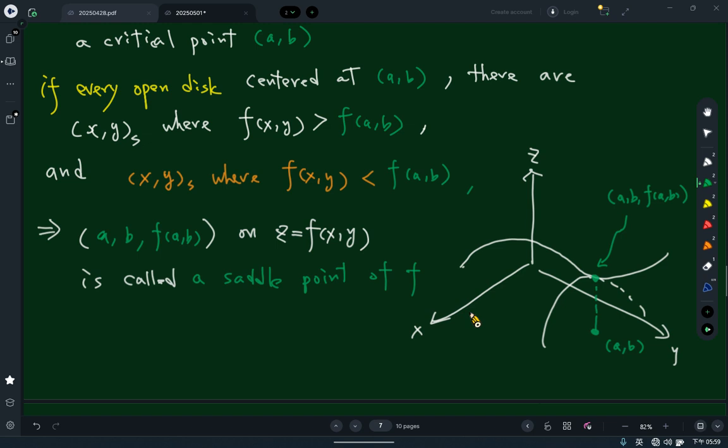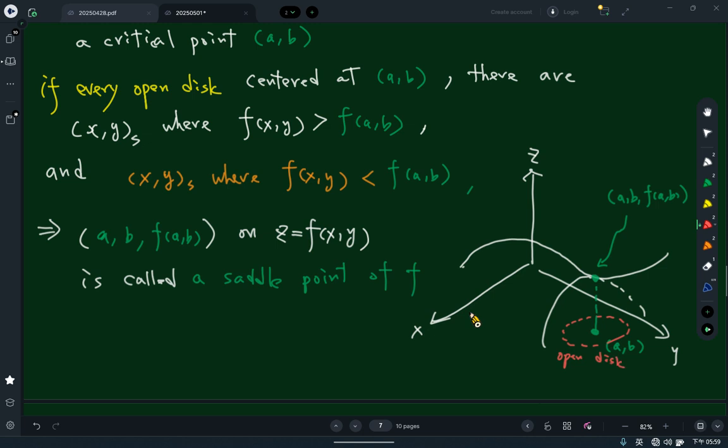This surface is a little bit changed. In this direction, some points are just larger than f of AB. So we just make a disk. This is the open disk.